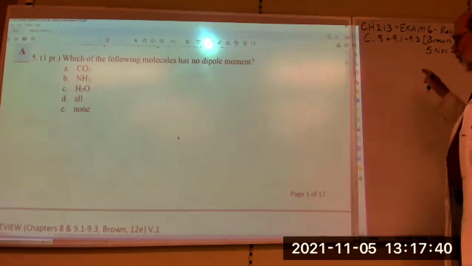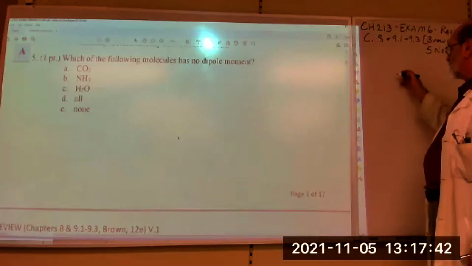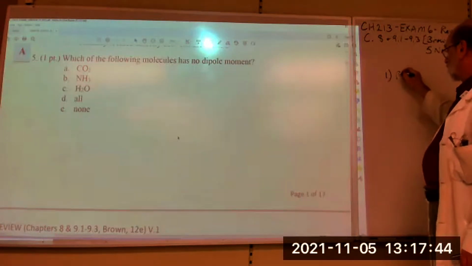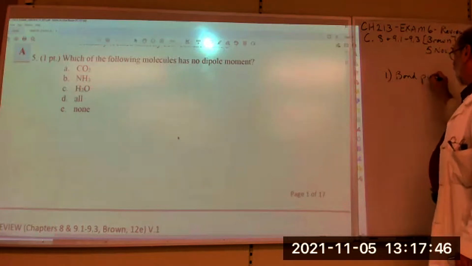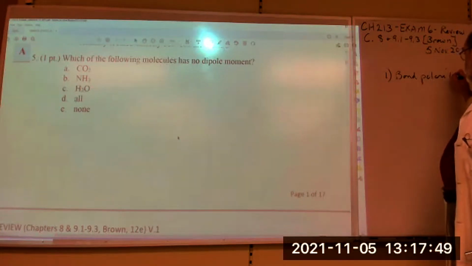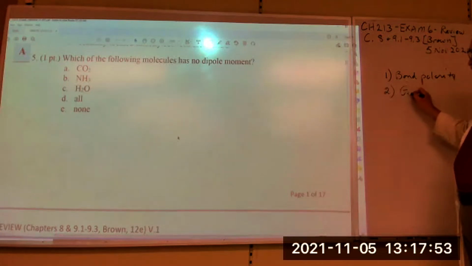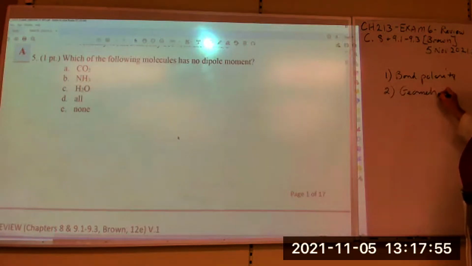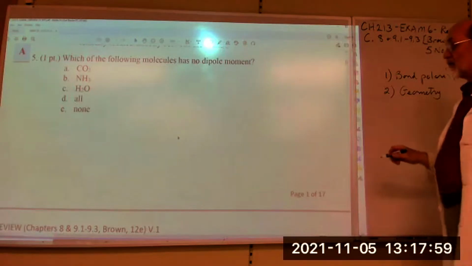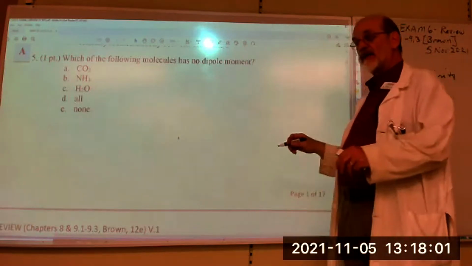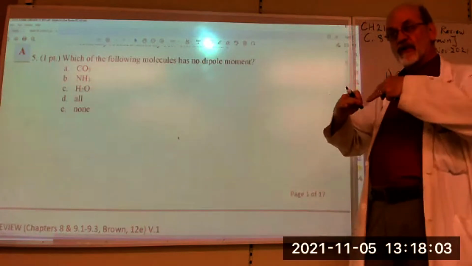What do we need to know to determine the polarity of a molecule? Right? 1. Bond polarity. Right? And what else? Geometry. We need to know how the molecule is arranged. Because if the molecule has polar bonds, but they're equal and opposite one another, they cancel out.